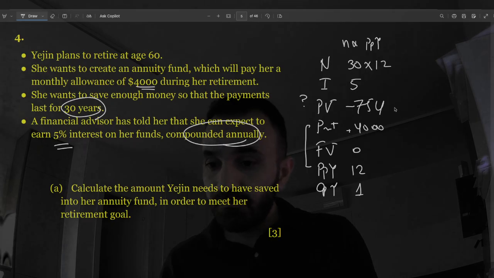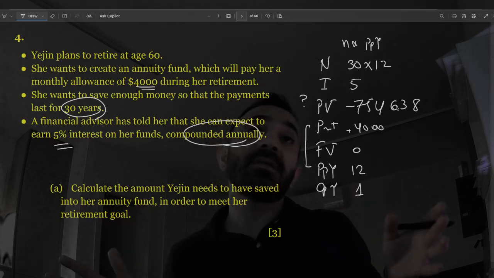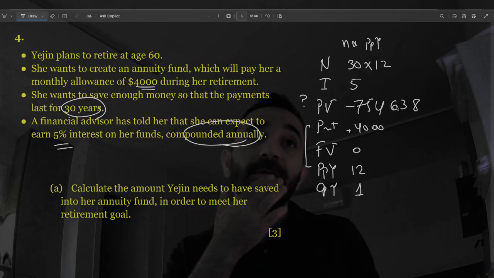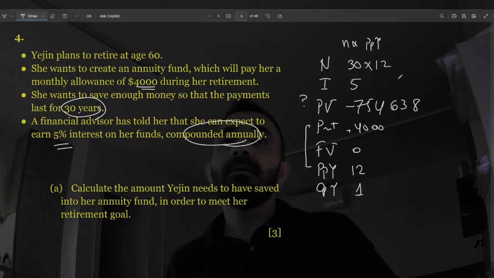Can you ask yourself why this is a negative value? Because obviously you're giving money to the bank, to the insurance, at the beginning as the present value. So your balance is going to be negative. Okay, that's it.